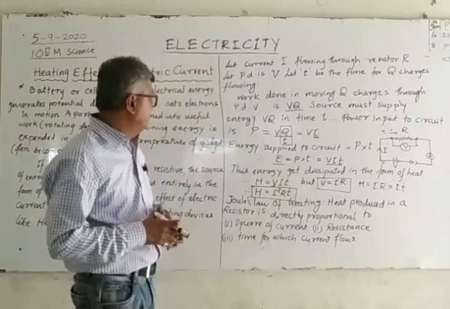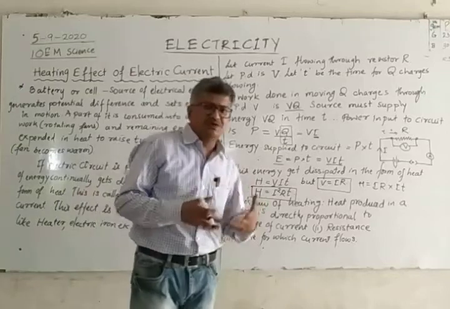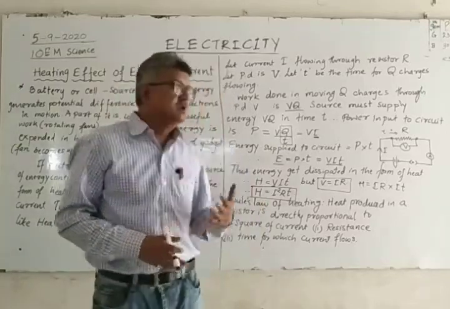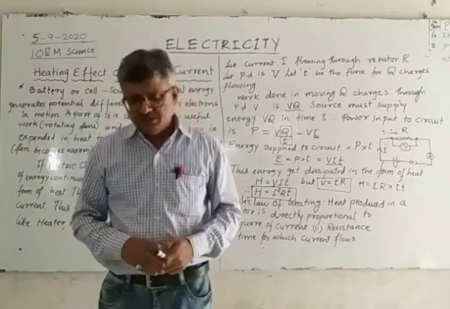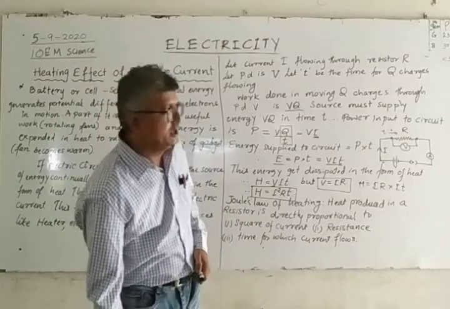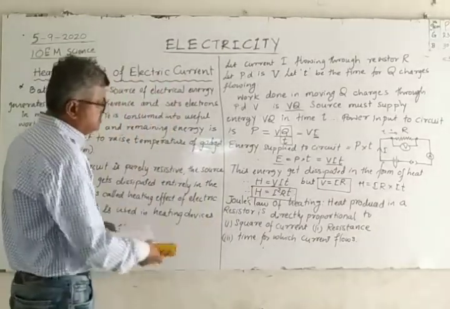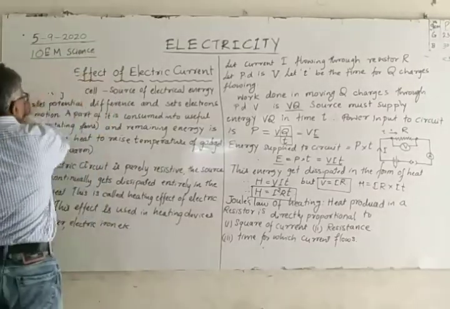So in this way, Joule's law of heating gives us how much heat can be produced in a circuit when current is passed through a certain resistance. So this is about the heating effect of electric current. Let us solve some examples based on this formula.